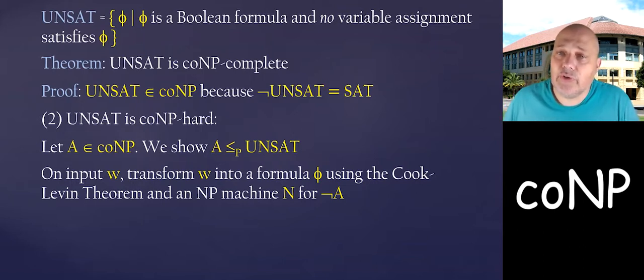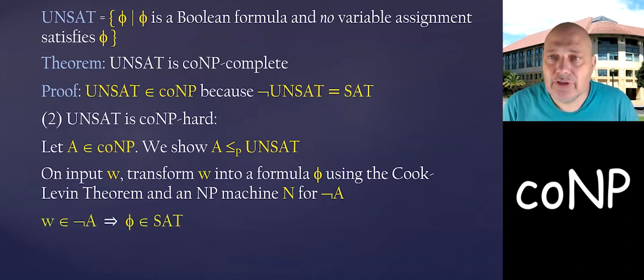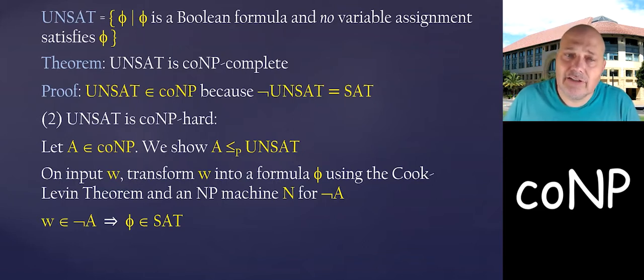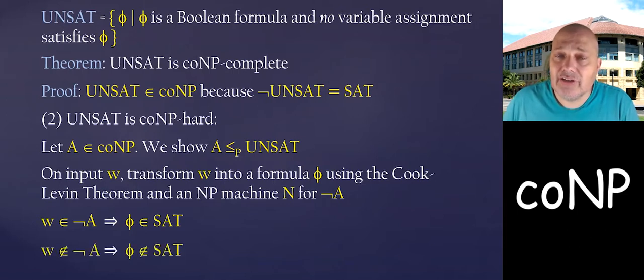Because not A is in NP, you have a non-deterministic machine N for not A, and then you can transform it using the Cook-Levin theorem into a formula phi. W is in not A means that phi is SAT, and W is not in not A means that phi is not SAT. Right? This is just because we have a reduction from not A to SAT.